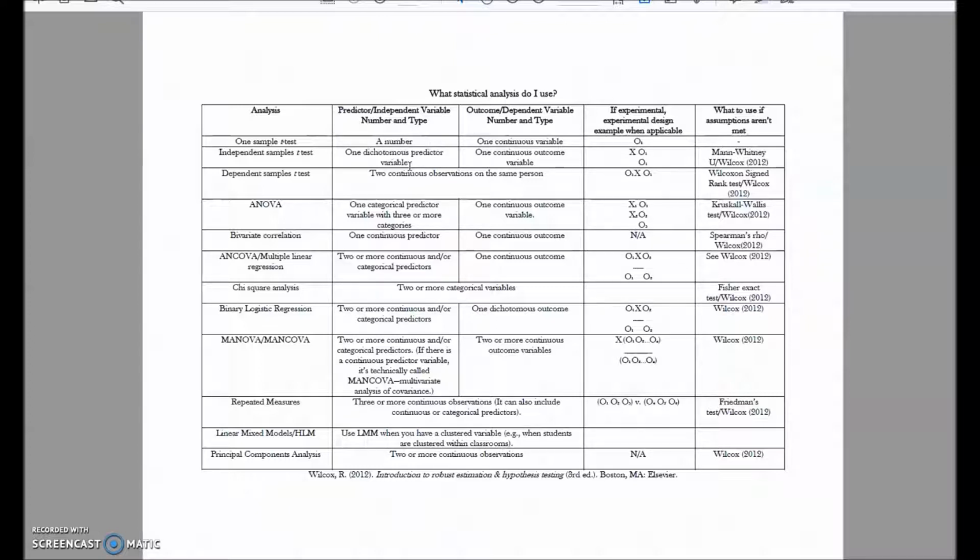We only have two samples in our independent sample t-test. If we have more than two, then we do the ANOVA. So since we only have two samples, it is dichotomous. The participants can be either in group 1 or in group 2. And then our dependent variable is a continuous outcome.